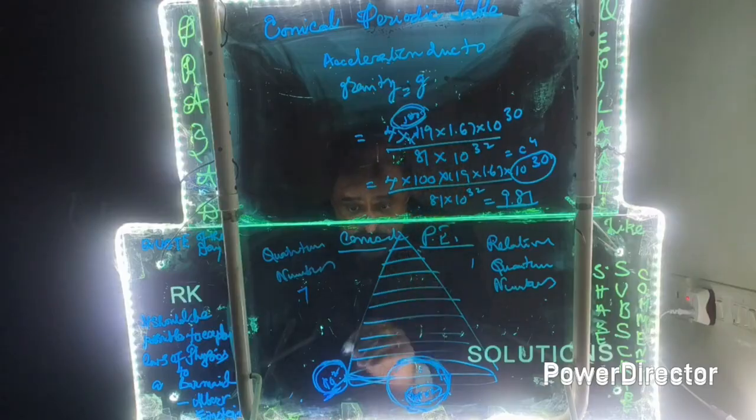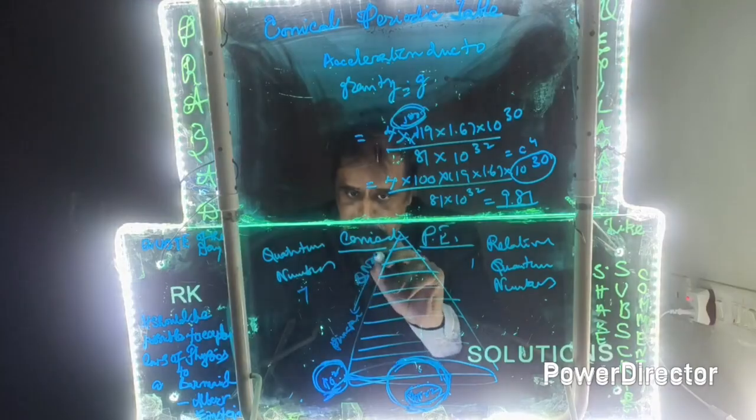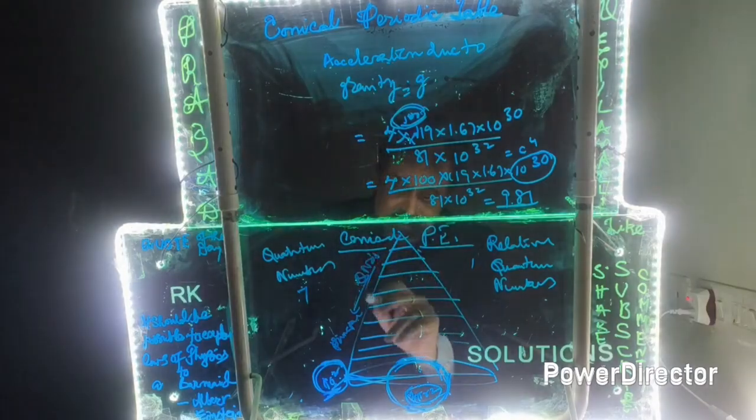But here, if you divide this like this, these are the principal quantum numbers. Right? If you take these as principal quantum numbers, the 10th quantum number will automatically give you 2.